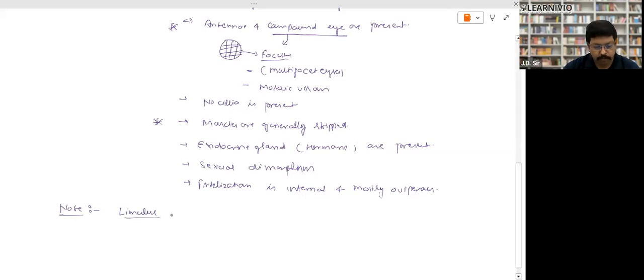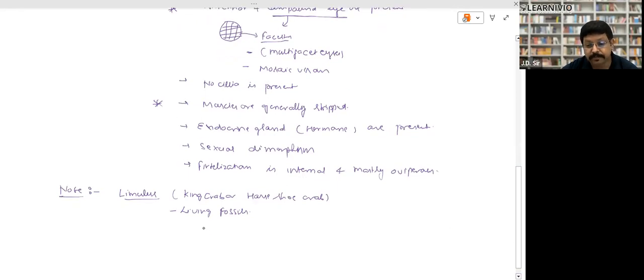Limulus is also known as the king crab or horseshoe crab. This is known as a living fossil.